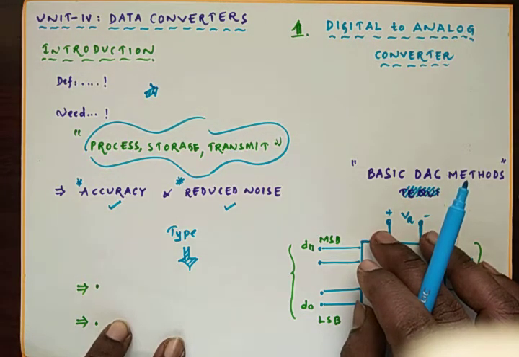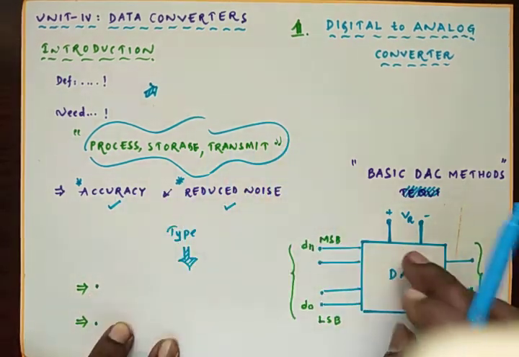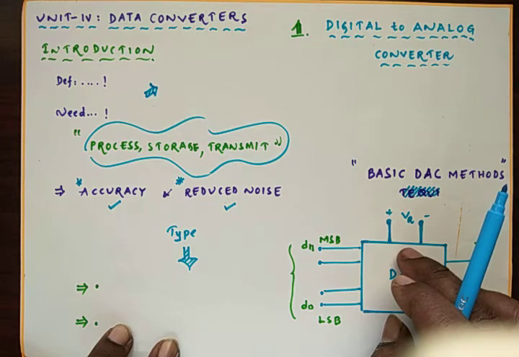Hence, to have more accuracy and reduced noise, we have to have converters which convert one form of data into another form, that is the analog to digital converter.